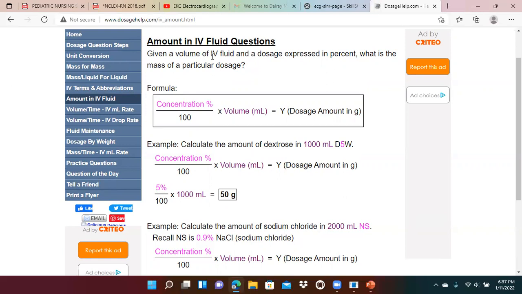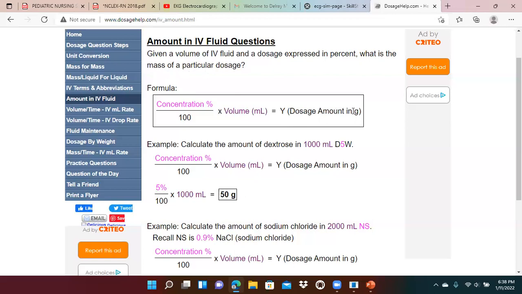Given a volume of IV fluid and a dose expressed in percentage, what is the mass of a particular dose?